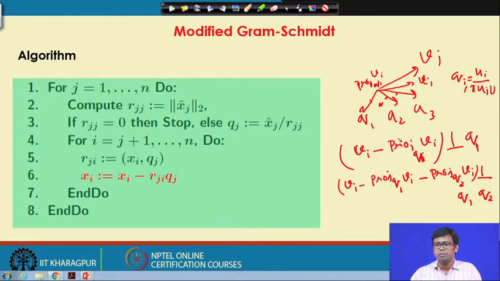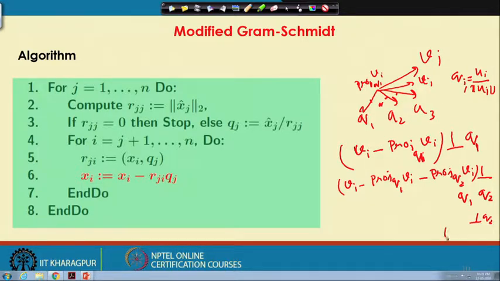However, in a numerical implementation, when we do this for a number of vectors, it becomes perpendicular to q 2 but does not remain perpendicular to q 1 due to round off errors. So the solution, which is the modified Gram-Schmidt algorithm, is that instead of projecting v I every time and subtracting these projections from v I, you make u I 1, which is v I minus the projection of v I on q 1.